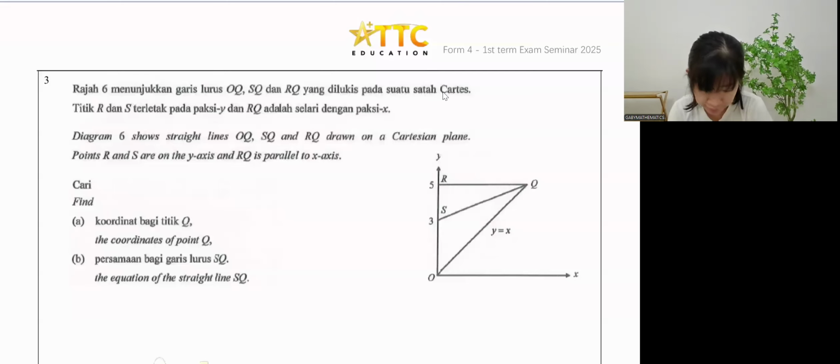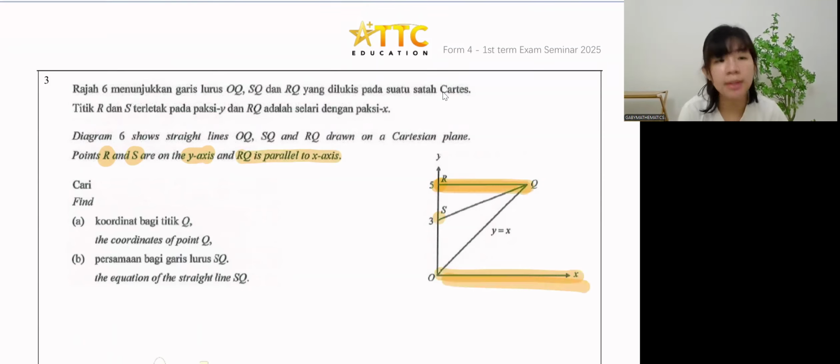Okay, number 3. Diagram 6 shows straight lines. Okay, we have 3 straight lines. The important information here: R and S are on the y-axis, and RQ is parallel to the x-axis. A, what is the coordinate of Q?